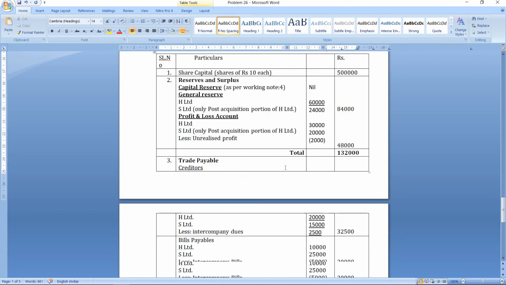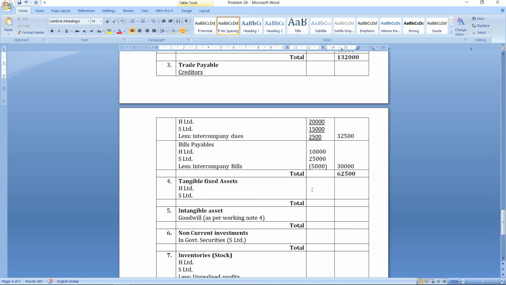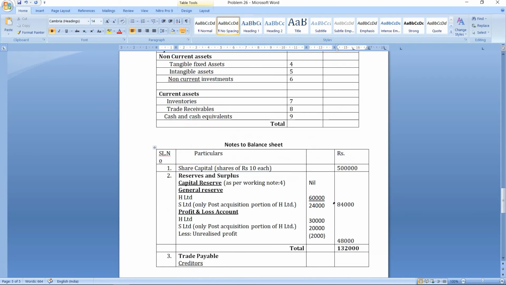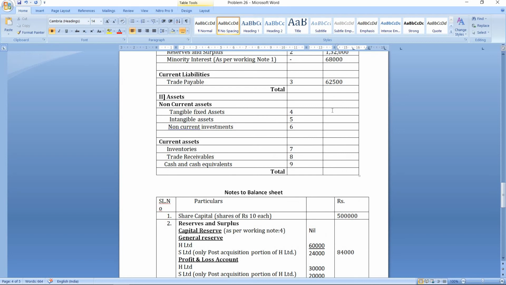Note number 4, tangible fixed asset: H Limited 2 lakh, and S Limited 1,50,000. So total assets that will be shown in the balance sheet will be 3,50,000. So in the balance sheet, tangible fixed asset, note number 4, amount will be 3,50,000.